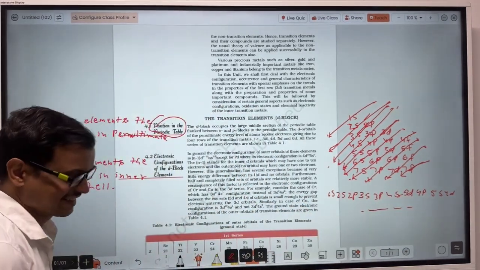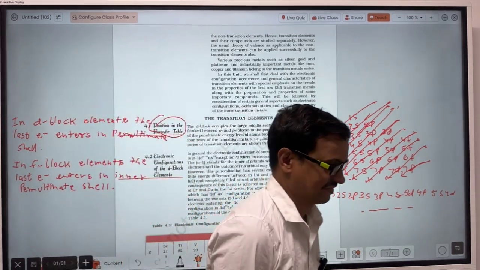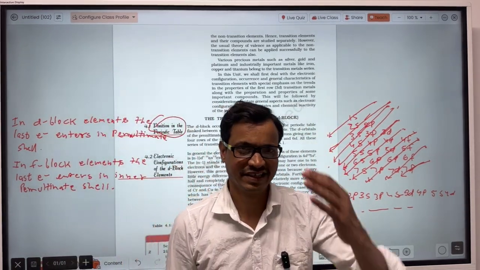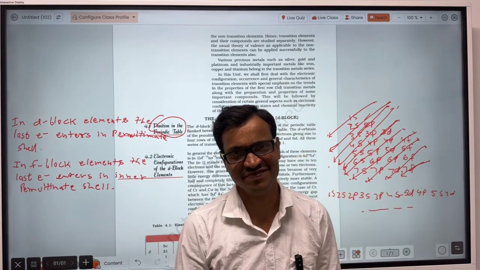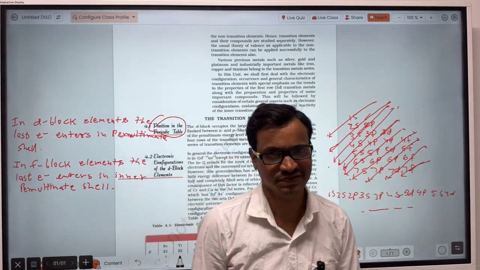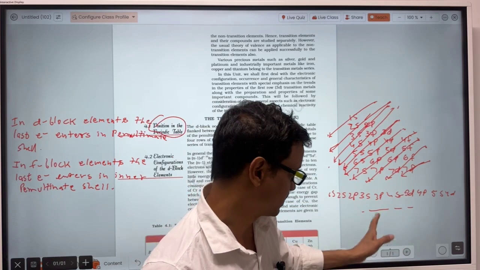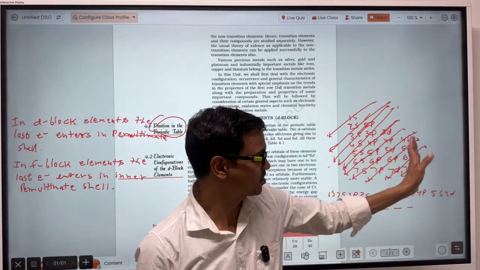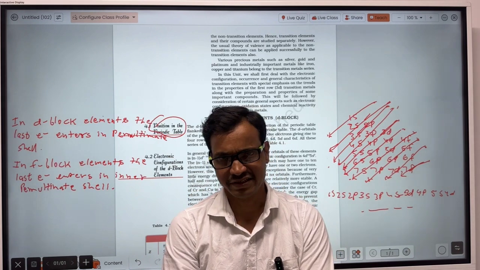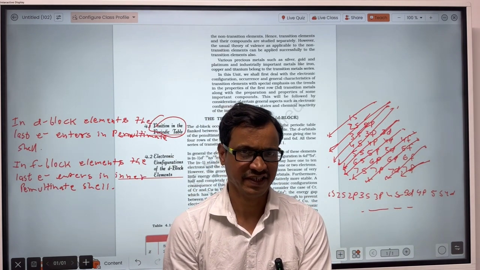But this one is time taking. In the examination, you will not get a sufficient amount of time to draw. So I will tell you a simple technique, in case you forget the energy level, and I shall also tell you how to write the increasing energy level.